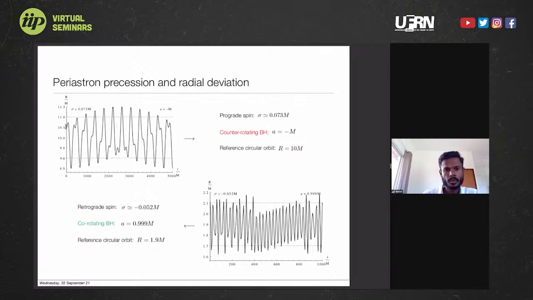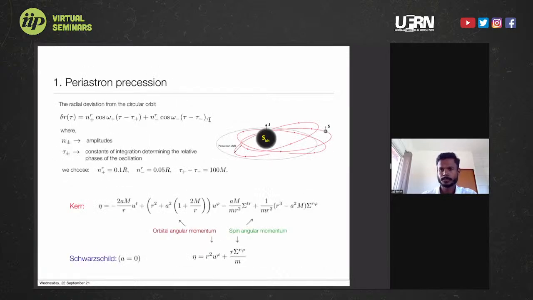Now if you plot this, you can see the radius versus proper time. 10m is the reference circular orbit, and around this orbit, after every revolution, the particle is not only precessing; in addition to the precession, the maxima and the minima also vary rapidly, which you can see from this. This is nothing but the plot of this expression.